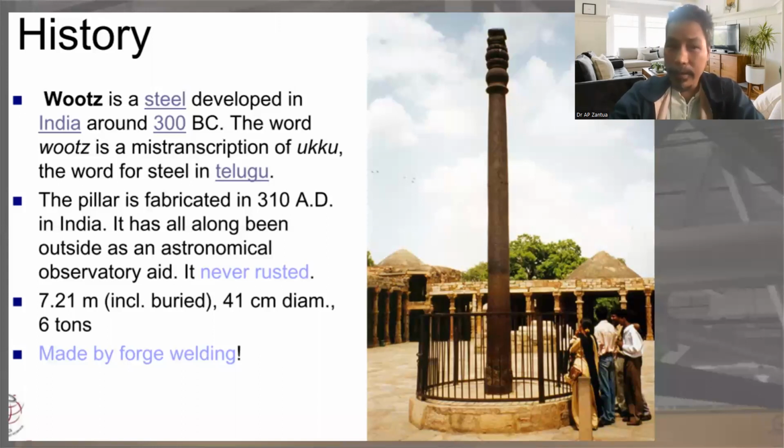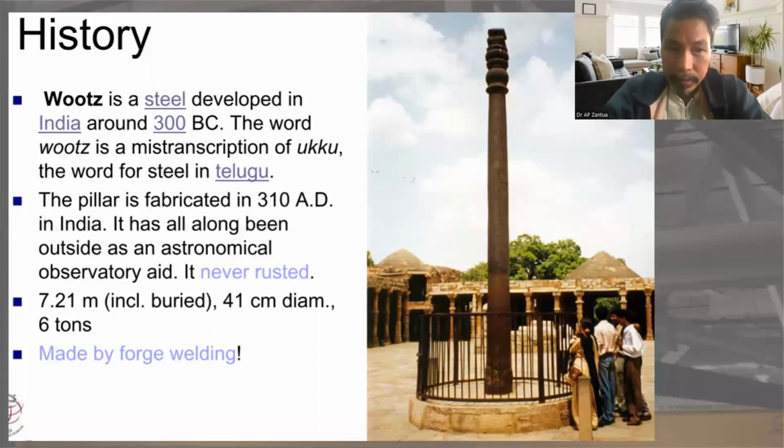So 300 years BC, wootz is developed, but this particular pillar is 310 AD. AD meaning in the year of our Lord. So still, this is in India.